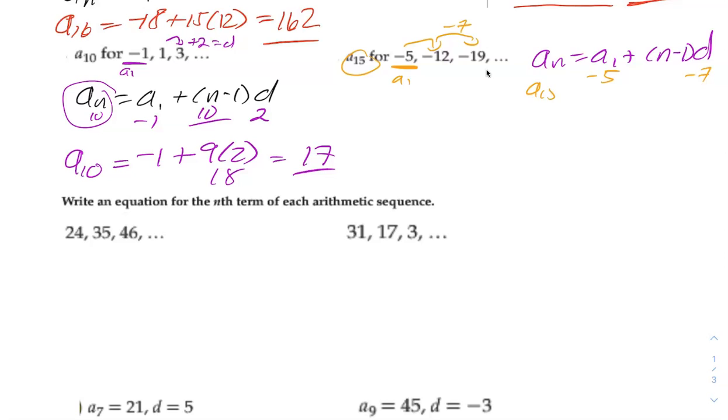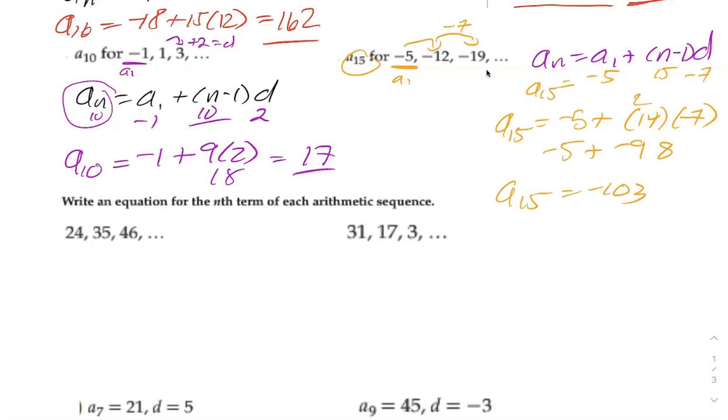So a15 is negative 5 plus 15 minus 1 is 14 times negative 7. So that's negative 98 plus negative 5. So a15 equals negative 103. So that's the 15th term.